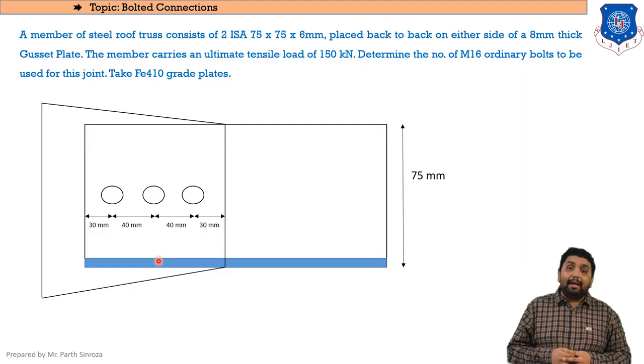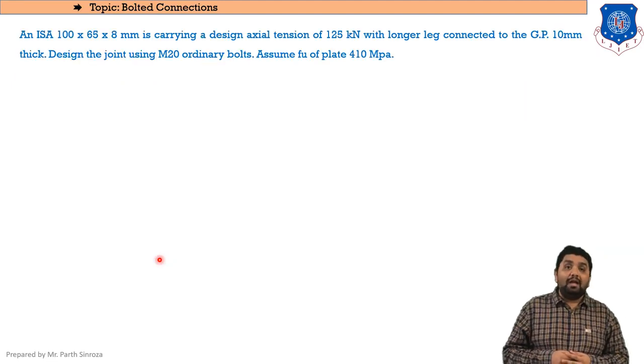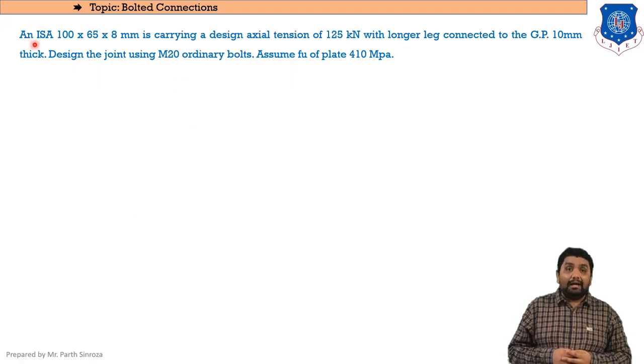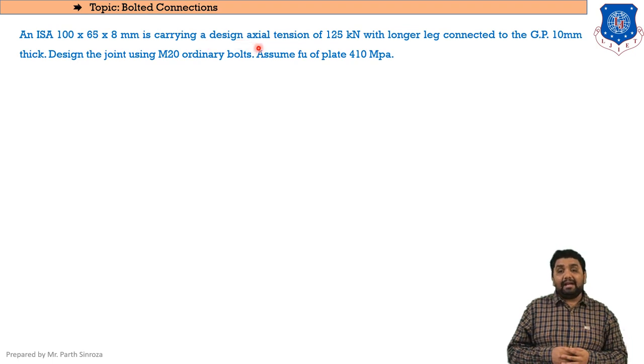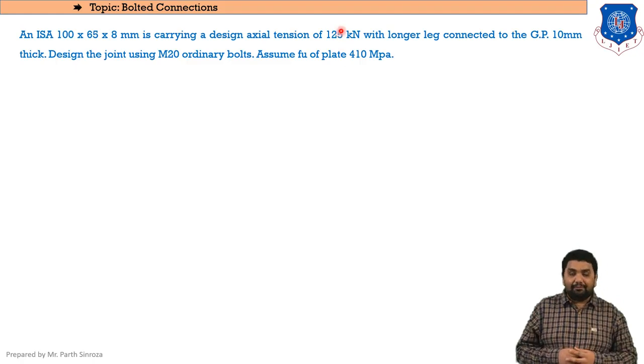So don't forget it. And moving on to the next sum, the question here is an ISA 100 cross 65 cross 8 mm carrying a design axial load of 125 kilonewton. As again it is given as design load, no need to multiply it by 1.5. We will keep the load value directly as 125, with the longer leg connected to the GP.